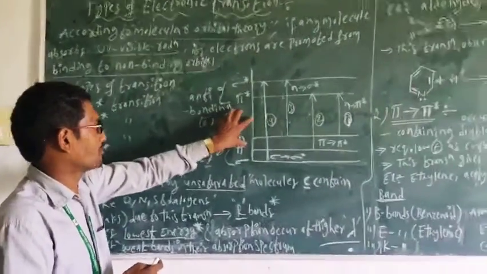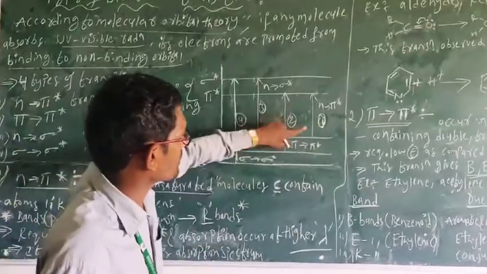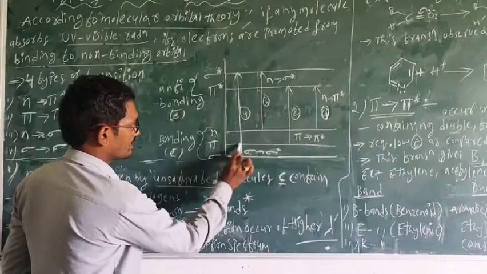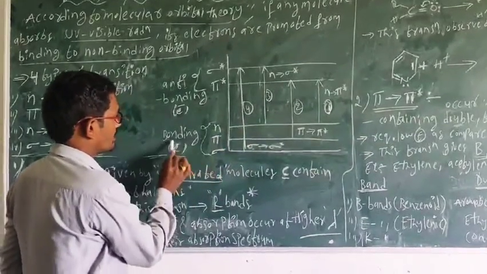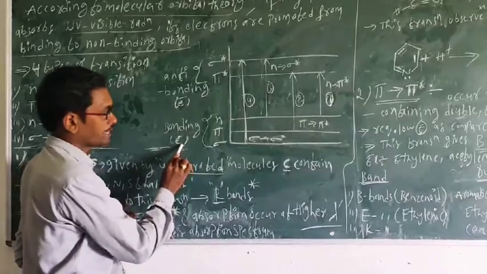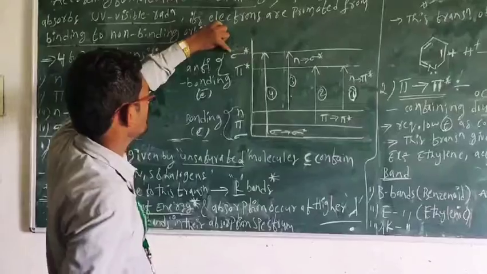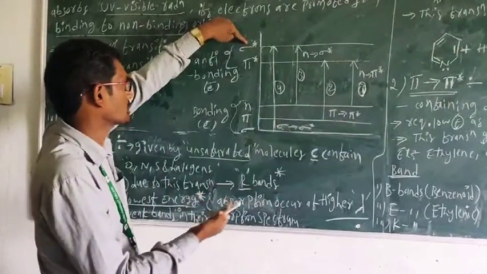Here, diagonally, I represented the bonding and anti-bonding orbitals. You can see the first type of transition. This is sigma, this is pi, this is non-bonded electrons, and these are known as bonding electrons. Here this pi star and sigma star indicate the excited state.